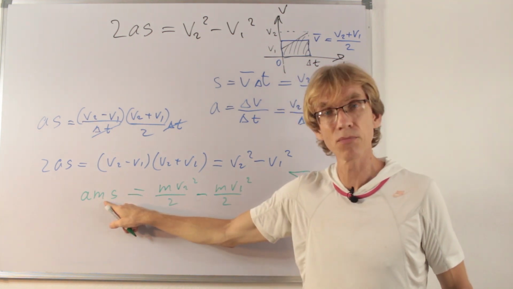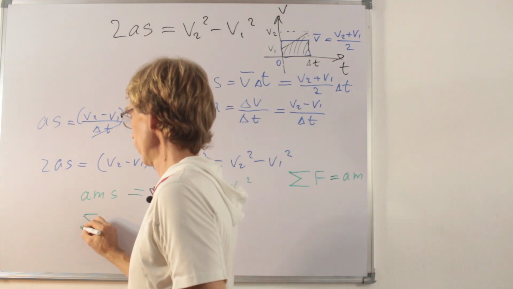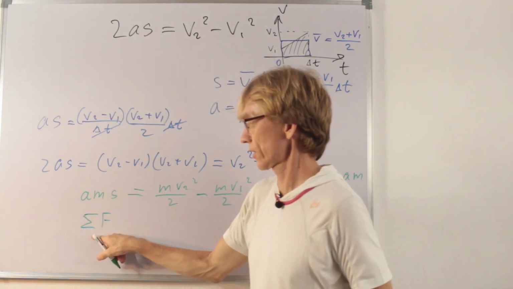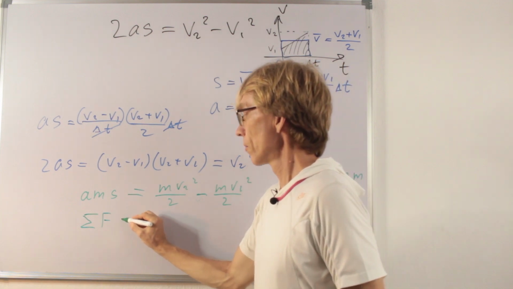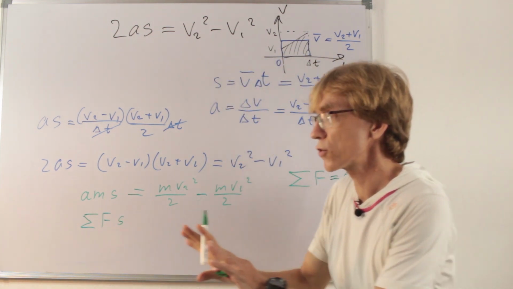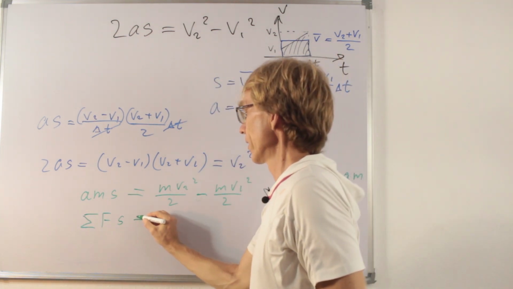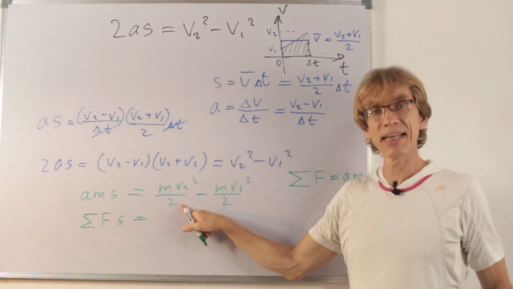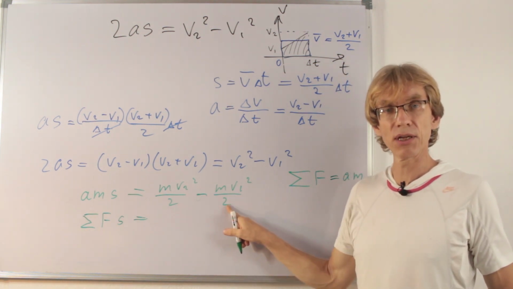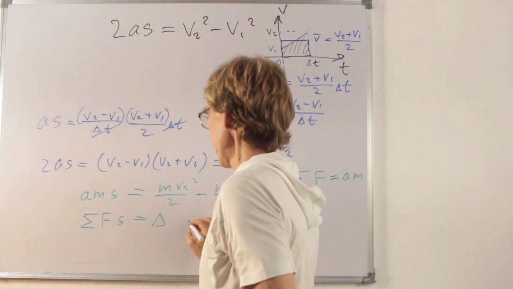The sum of all forces, this sign sigma means sum, multiplied by the distance by which the force pushes the body, is equal to kinetic energy final minus kinetic energy initial. Change in kinetic energy.